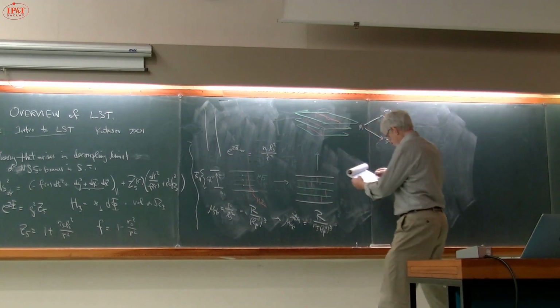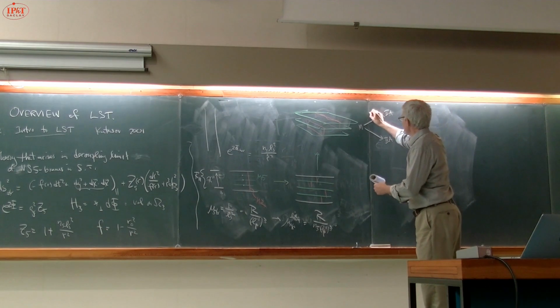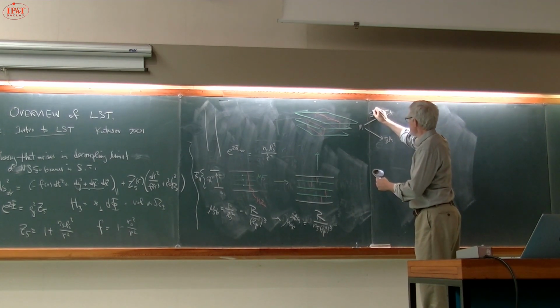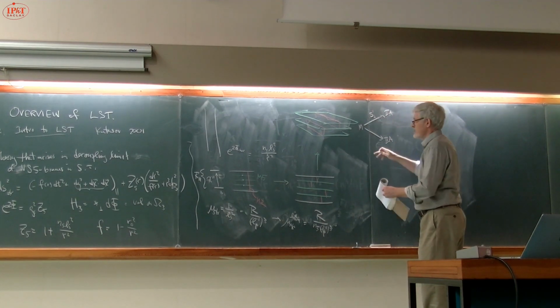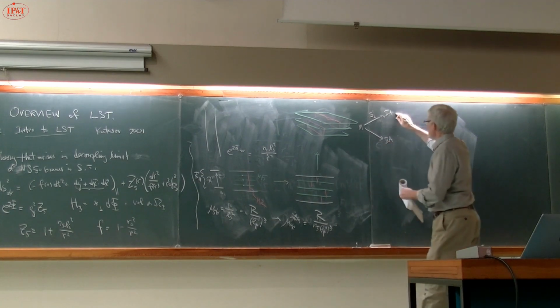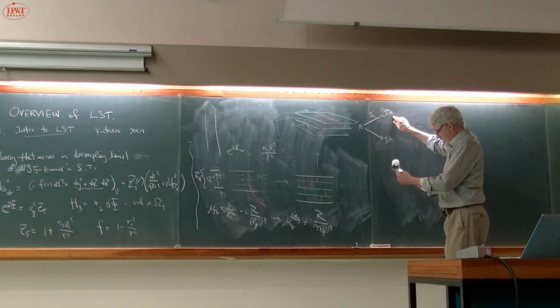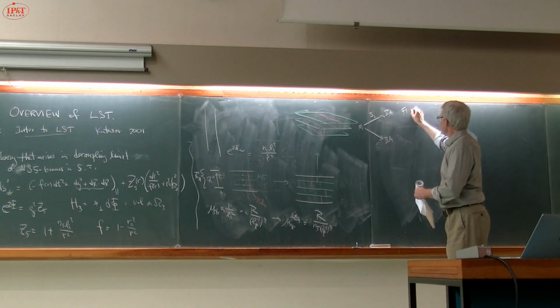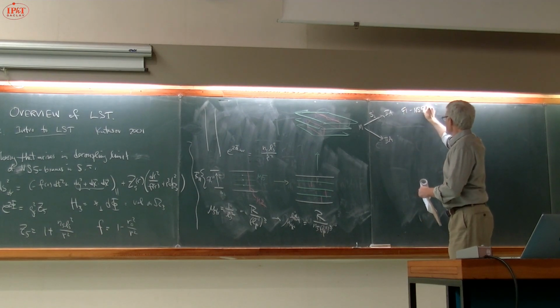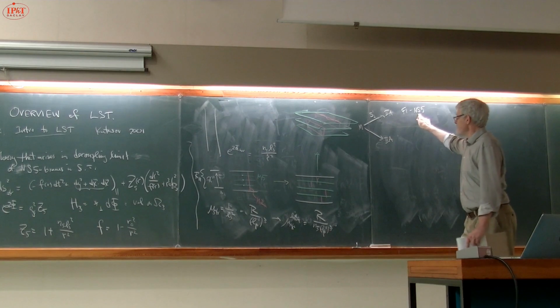Okay, that gives us the picture. So this is along an S1 that's perpendicular to the 5 branes. Okay, that gets us back down to type 2A with, again, our starting point, fundamental strings and NS5 branes.